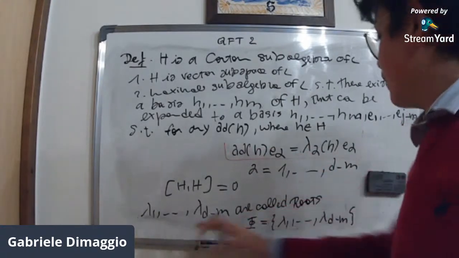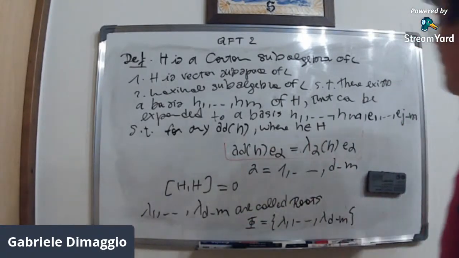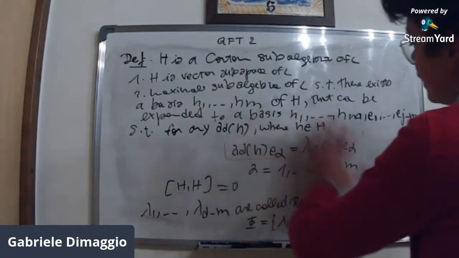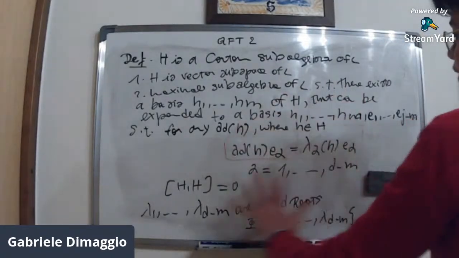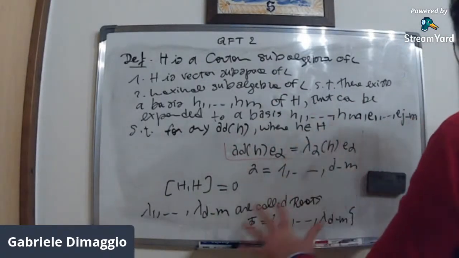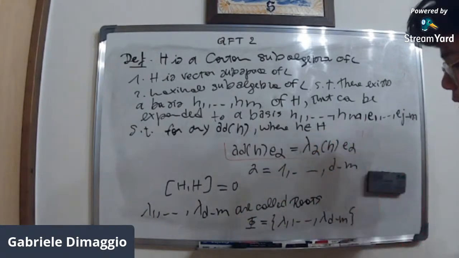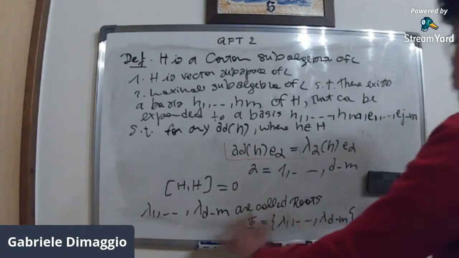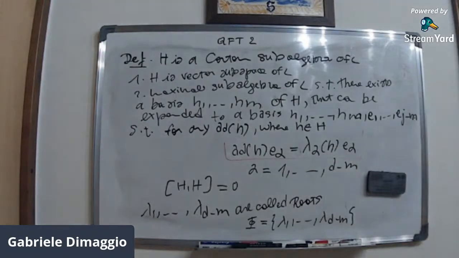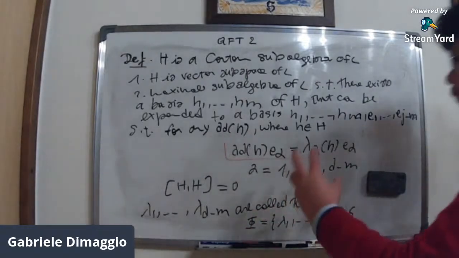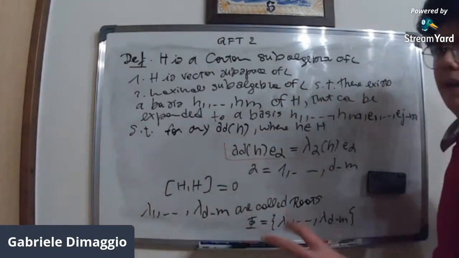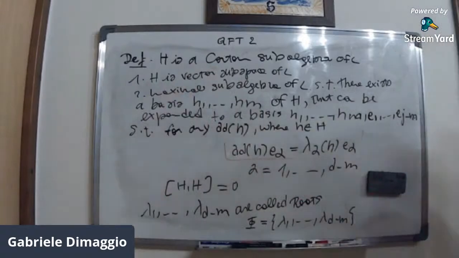So these roots are elements that satisfy this relation with the adjoint map, and it's very important in physics and mathematics. The root set is the set of all the roots. Perfect.